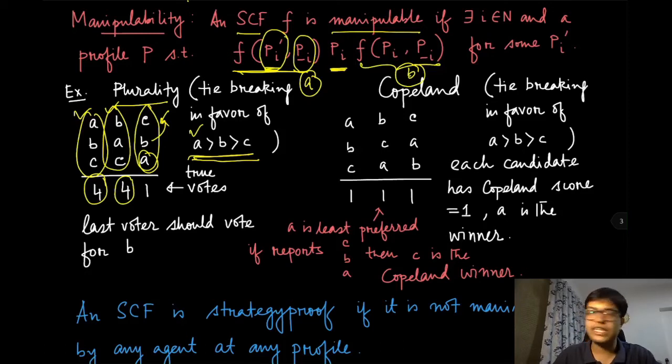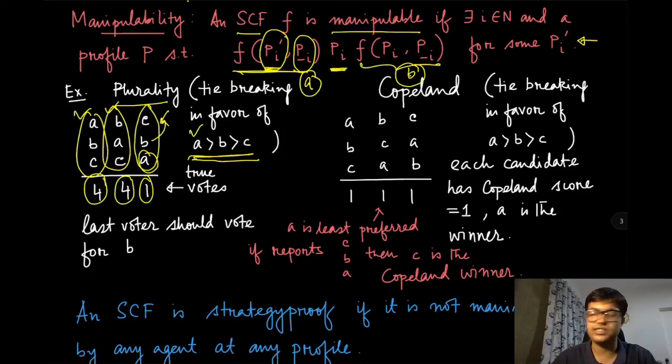It knows that C has no chance of winning in this plurality vote, and it chooses to vote for its second best candidate, and therefore it is manipulable. You can see this by this definition. You could already find some Pi prime for this particular agent such that it gives them a strictly better payoff, and this is something that you have possibly seen, or at least thought about, in real elections.